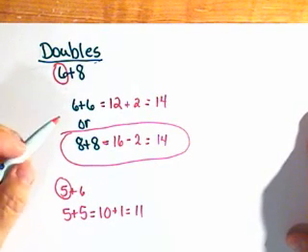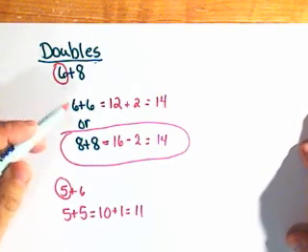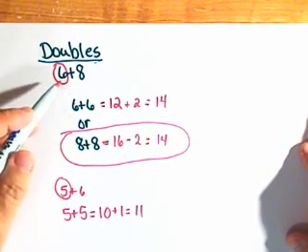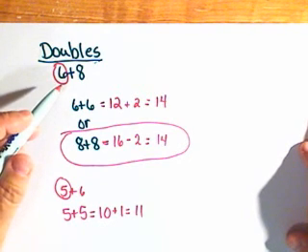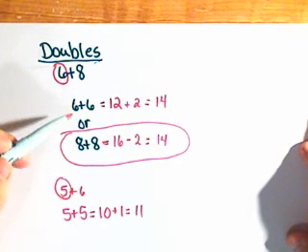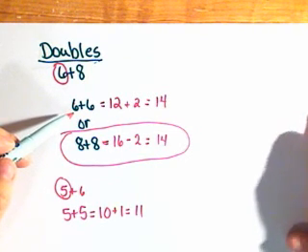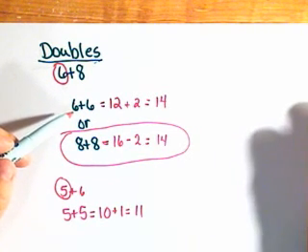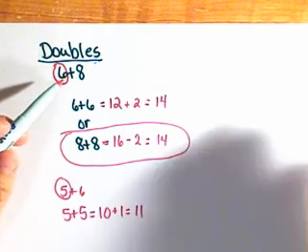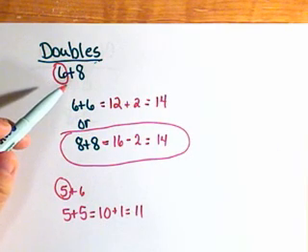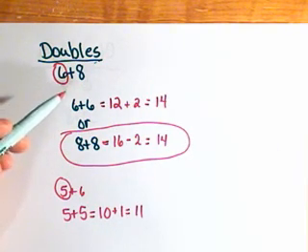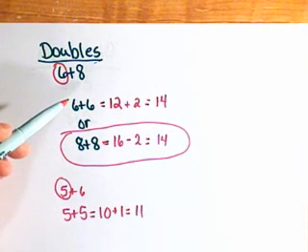Now, I'm not advocating memorizing addition facts. What I am advocating is the fact that once the student has the knowledge and has the conceptual understanding of what 6 plus 8 actually is, then they need to learn and be able to say 6 plus 8 is 14.